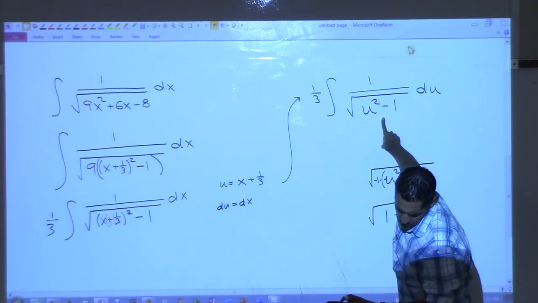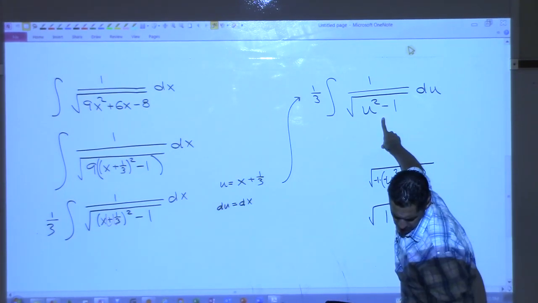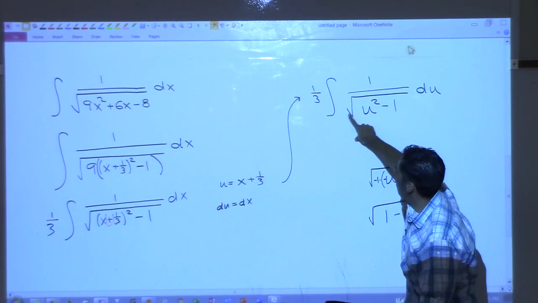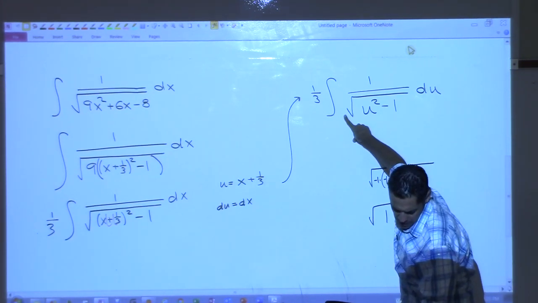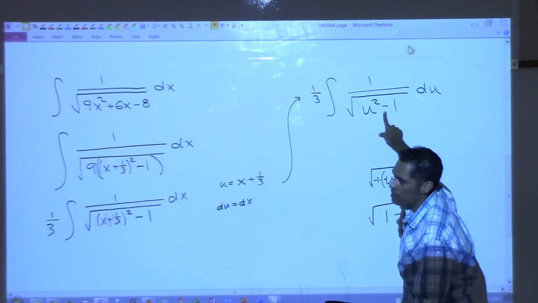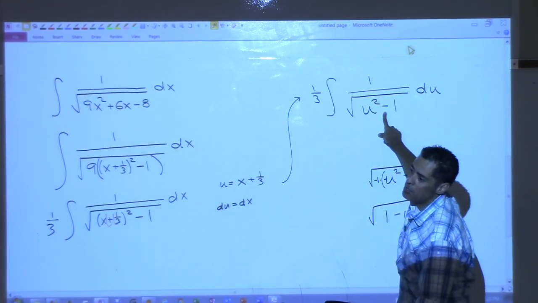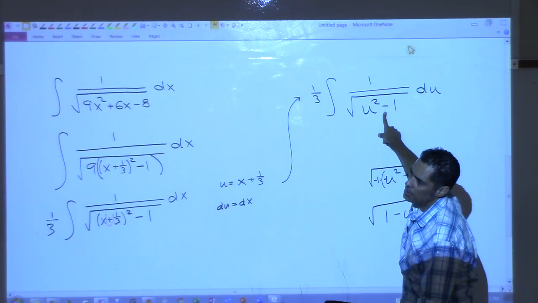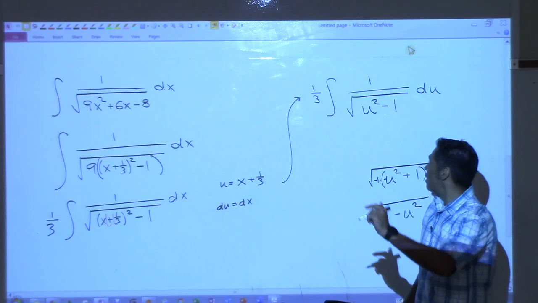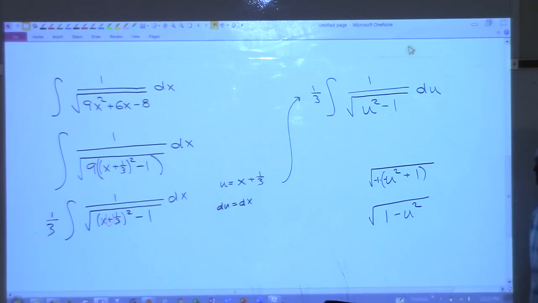Like 27? Yeah, there's no u out in front. 25? Yeah, but it has a plus here. No, because when you square it, it's still positive. I wish there was a way around it. There's just not.